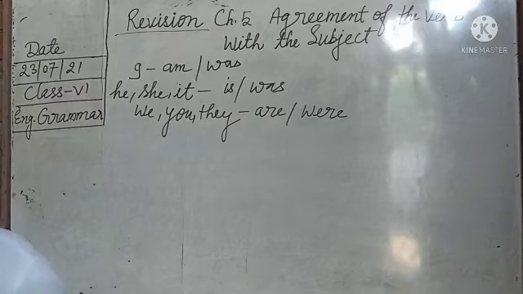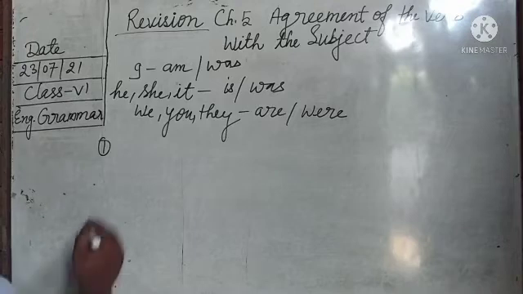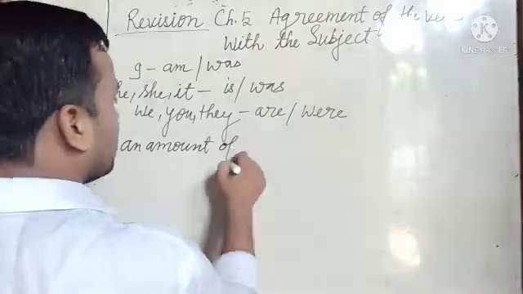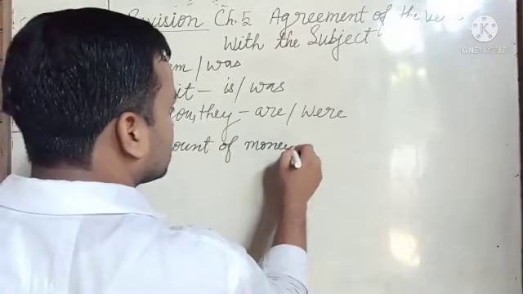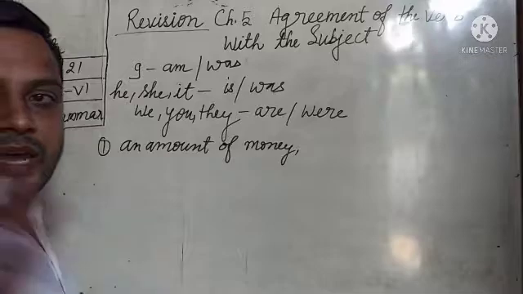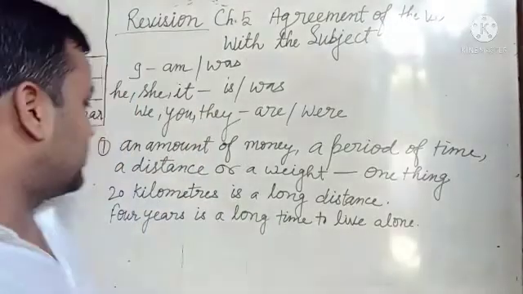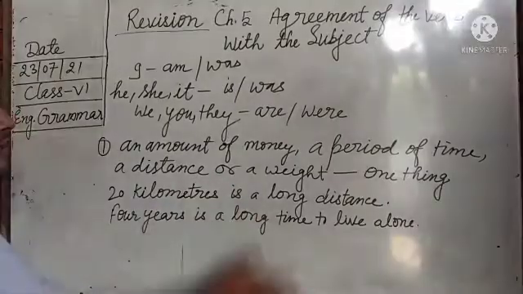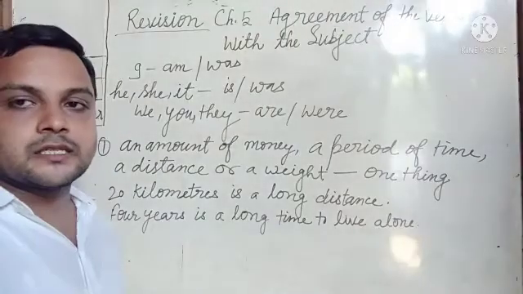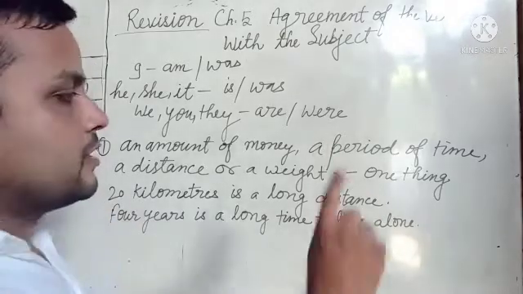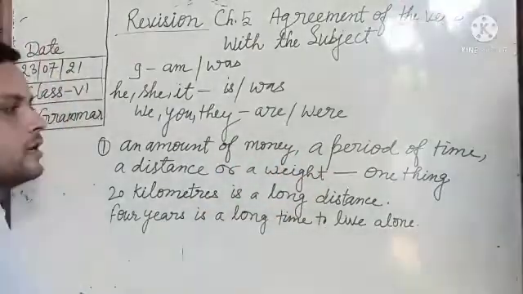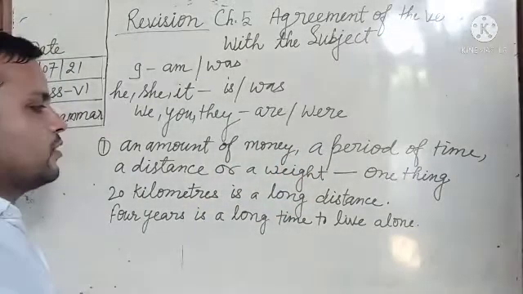Students, see some more examples also. It is also given in your book that an amount of money, a period of time, a distance or a weight is considered as one thing. So we use a singular verb with an amount of money, a period of time, a distance or a weight.